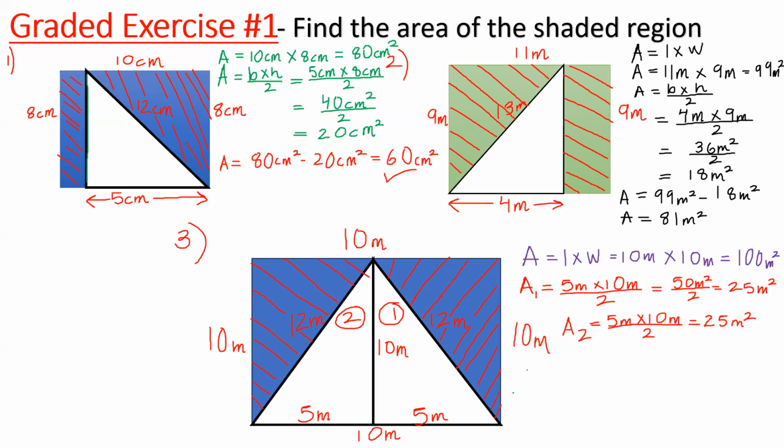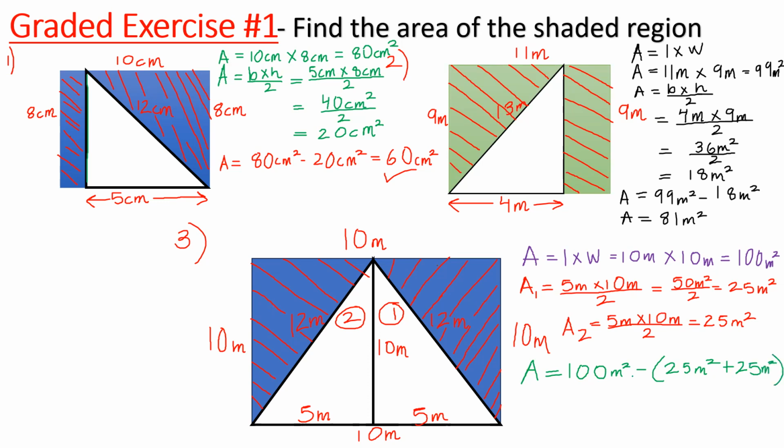Subtract. Subtract what? We have to subtract from 100 meters, take away 25. But we have two 25s, so we have to add them. 25 meters plus 25 meters is 50.